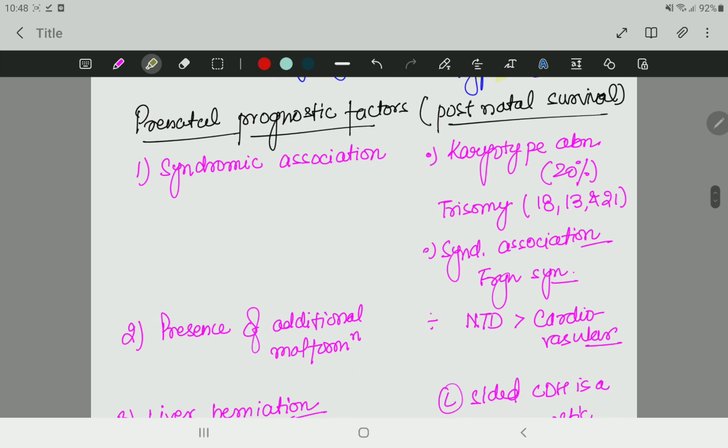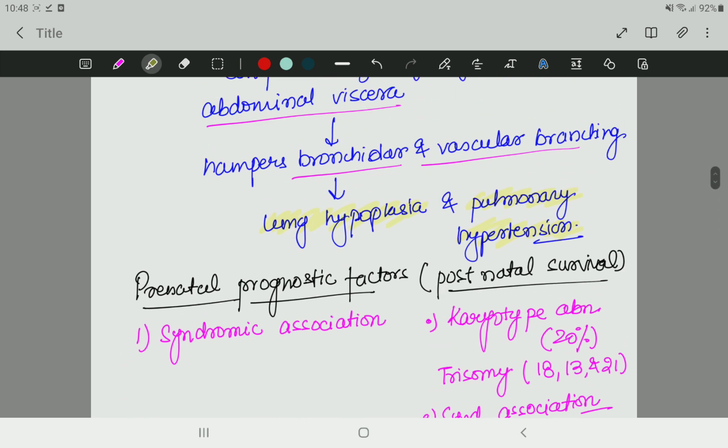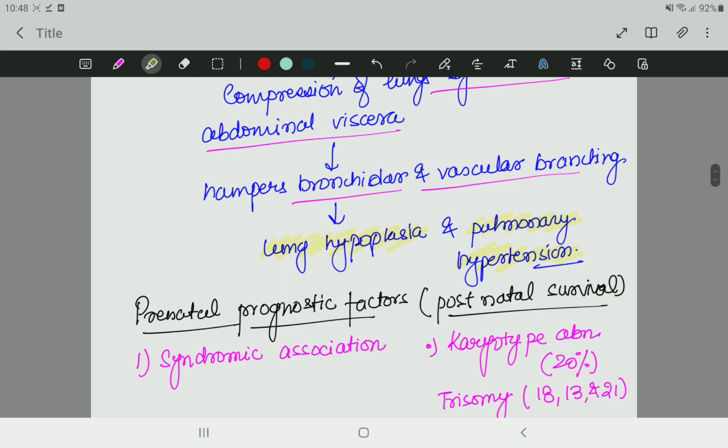Now, the prenatal management. Because of the availability of investigations and the routine anomaly scan, around 60% of CDH cases are detected antenatally with the help of the anomaly scan.